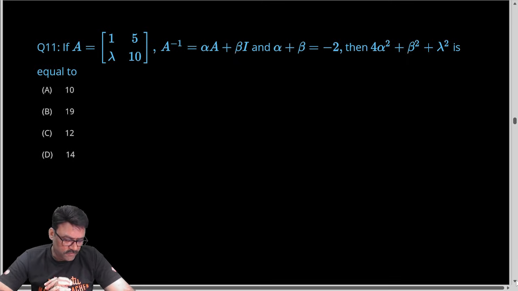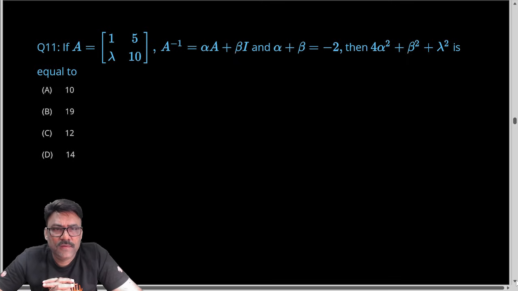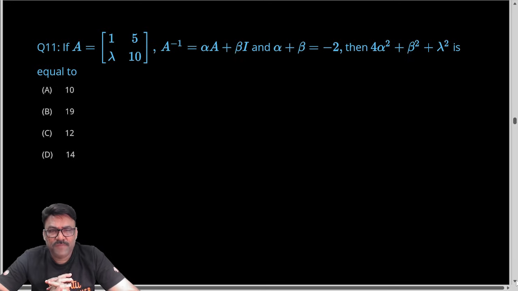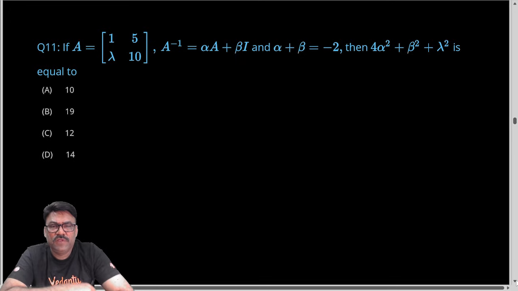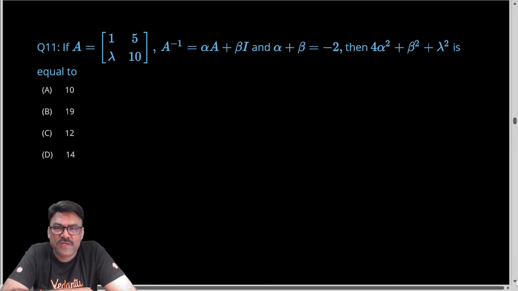See this question now. This is from matrices. So a matrix A is given, A inverse is given, alpha plus beta is given. You have to get 4 alpha square plus beta square plus lambda square. Actually you can solve this question using the characteristic equation, Cayley-Hamilton theorem, very quickly.